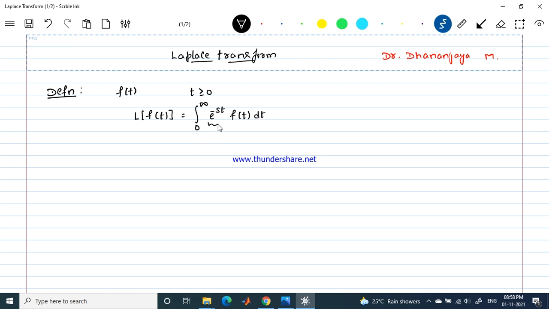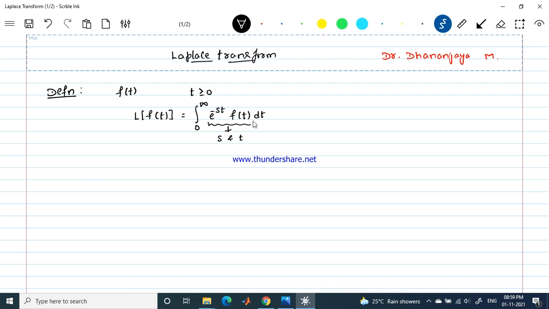Here we can note the integrand is made of two parameters s and t, and we are integrating this with respect to t with constant limits 0 and infinity.